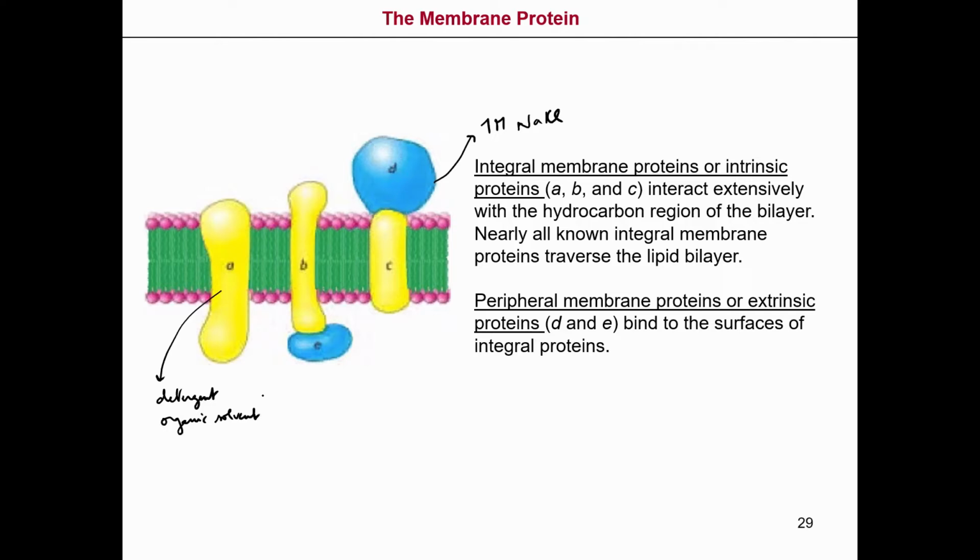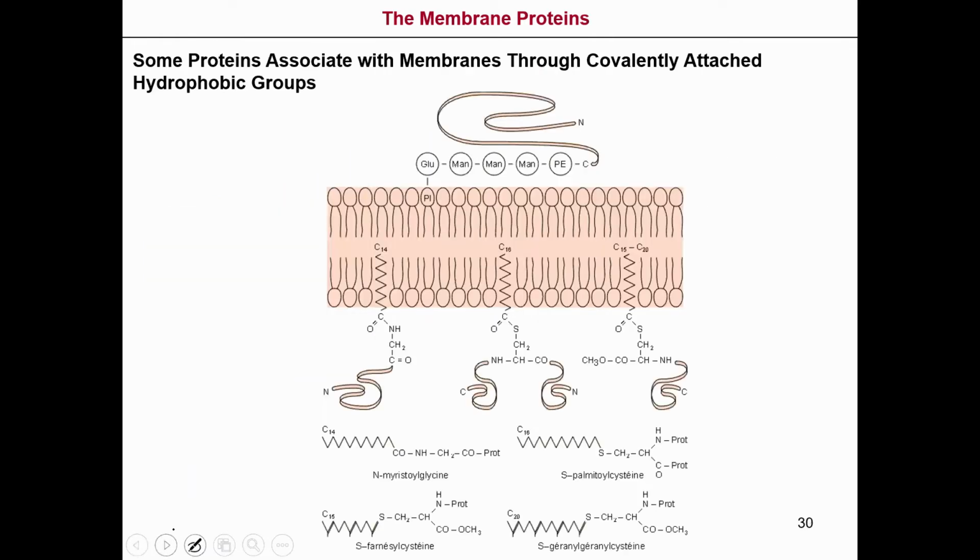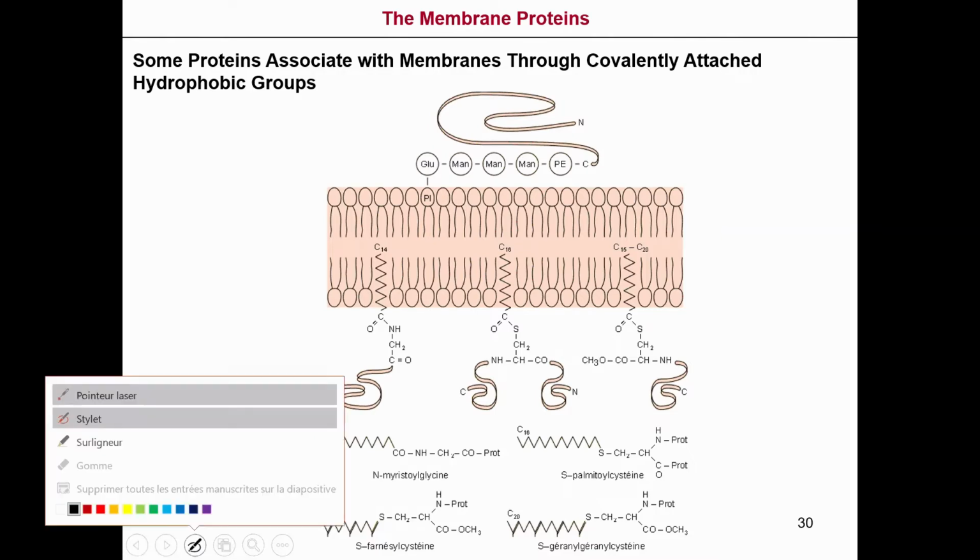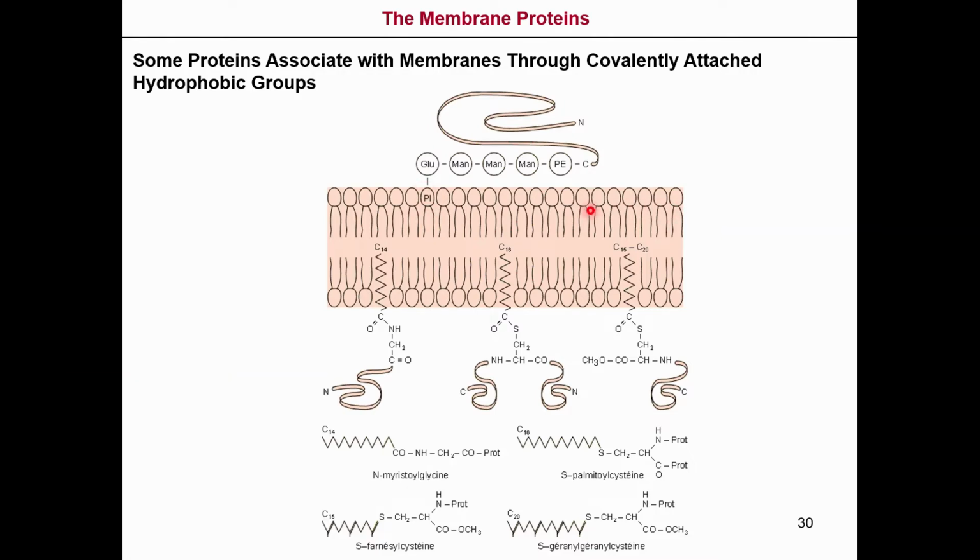So when you want to purify these membrane proteins, you have to extract them from the membrane. Some proteins associate with membranes through covalently attached hydrophobic groups. You know that on the phospholipid we can have sugar, like in sphingolipid.